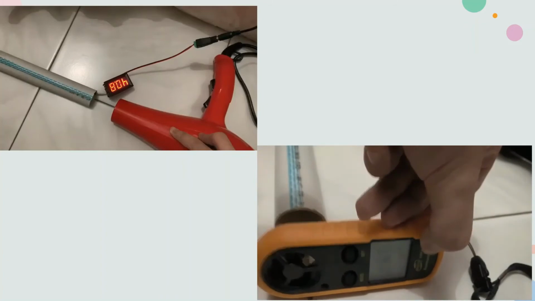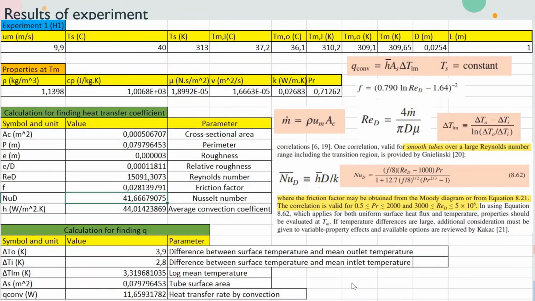Okay, so that was the video explaining how I directly used the methodology explained before in the experiment. For the data and analysis and the results of my experiment, this is what I get. And these are all the equations used in the analysis, and of course the data taken is used with varying mean velocity and degree of heat given by the blower.